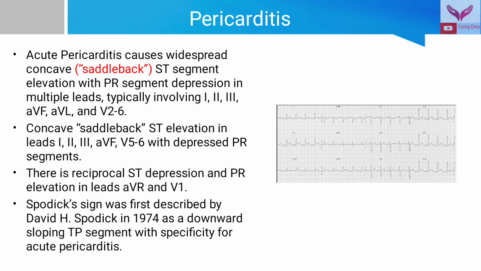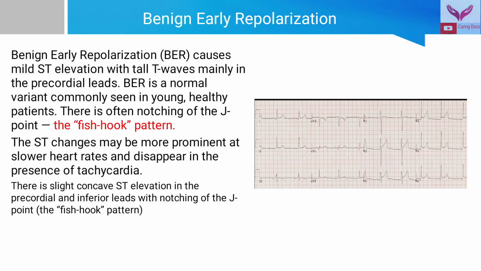There is reciprocal ST depression and PR elevation in lead AVR and V1. So the Spodick sign, which was first described by David H. Spodick in 1974, is a downward sloping TP segment with specificity for acute pericarditis. Spodick sign I have already discussed in one of my lectures in ECG.